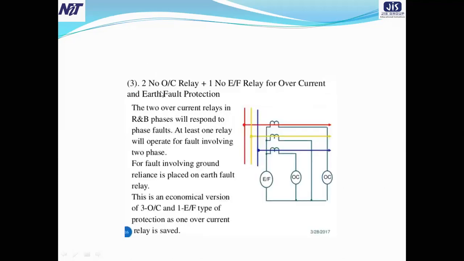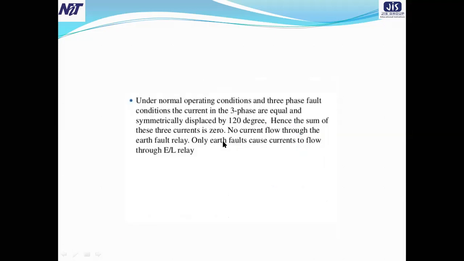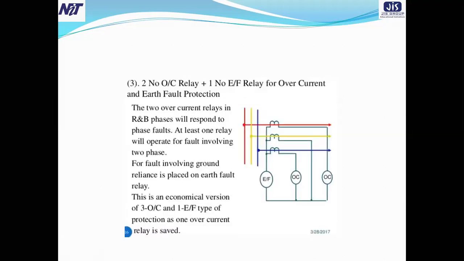Now, two overcurrent relays plus one earth fault relay for overcurrent and earth fault protection. If we implement this, this is the system. The system is connected: overcurrent protection, earth fault protection on the three lines. The two overcurrent relays in the R and B phases, the red and blue phases, will respond to phase faults.